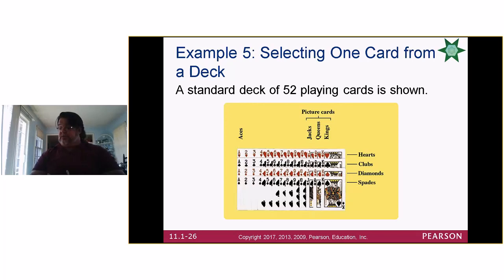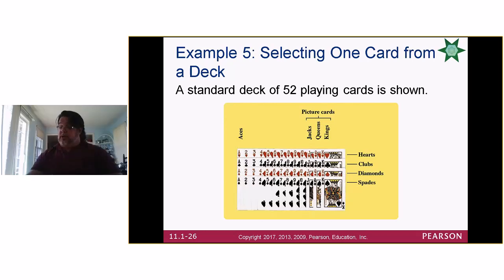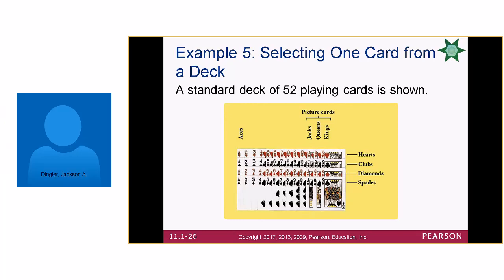What color are diamonds? They're red, and hearts are red. And the clubs are black, and the spades are black. Each suit has how many cards? 13 cards. Each has 13 cards.